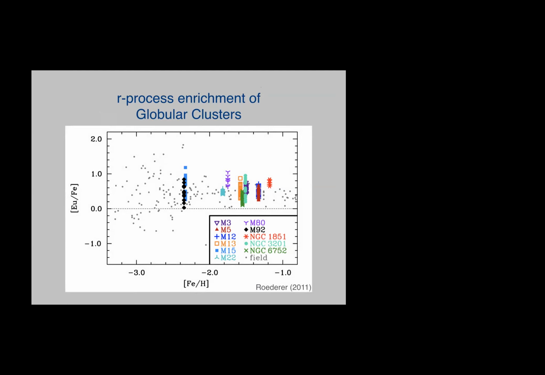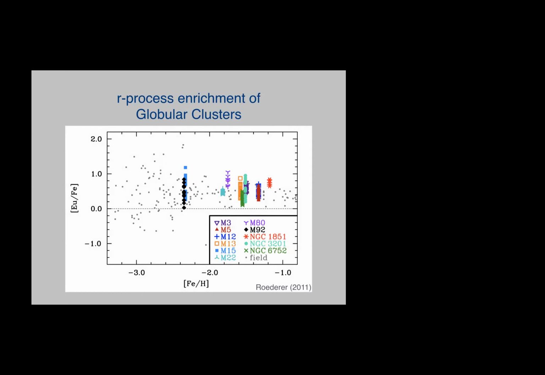The x-axis shows the metallicity, and the y-axis shows the r-process element europium, which is a candidate for the r-process mechanism, over iron. You can see, for example, for M15, there is a wide range of europium abundance for its stars, and very little range in metallicity.